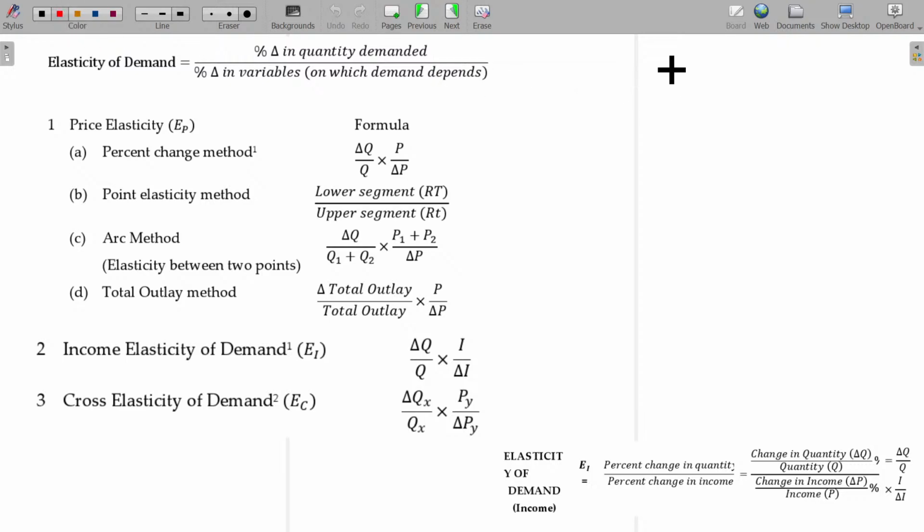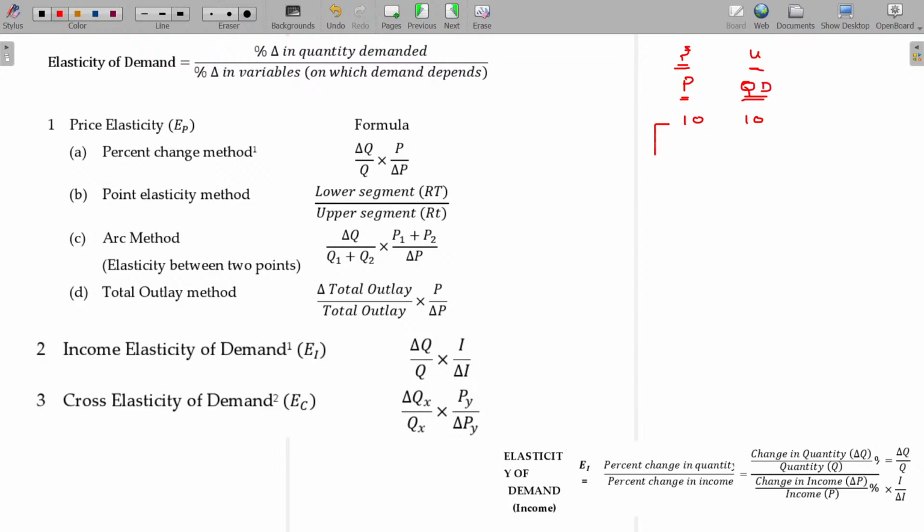Now, if the price is 10 and the quantity demanded is 10 units, price being in terms of rupees, quantity demanded in terms of units.